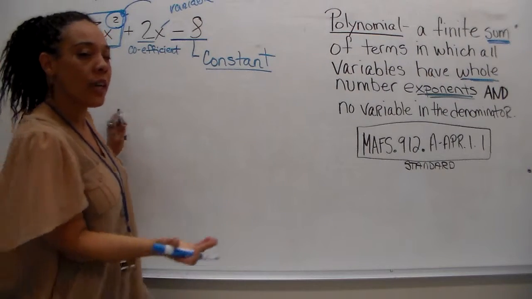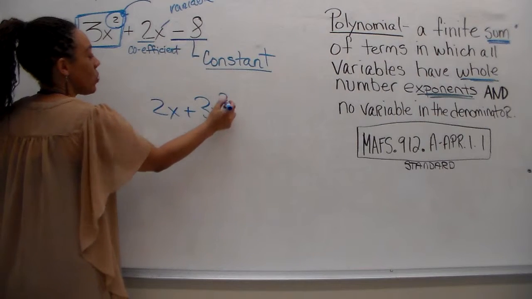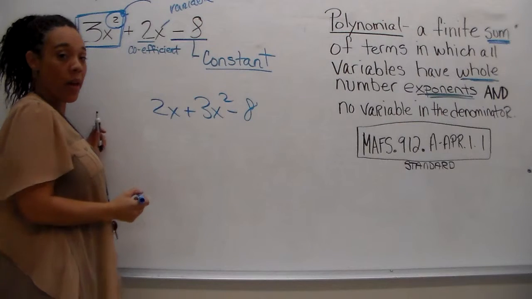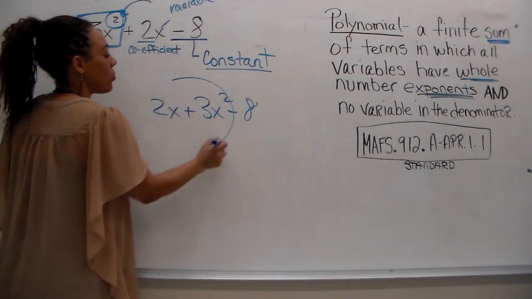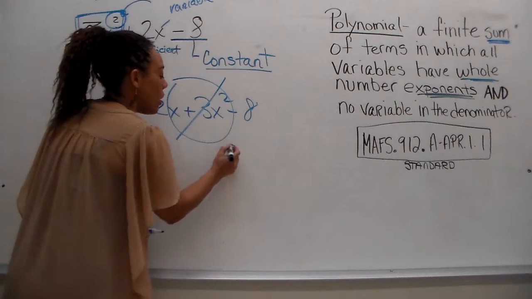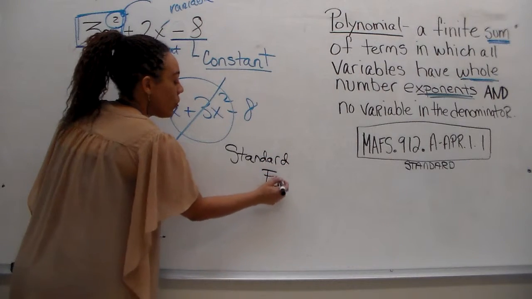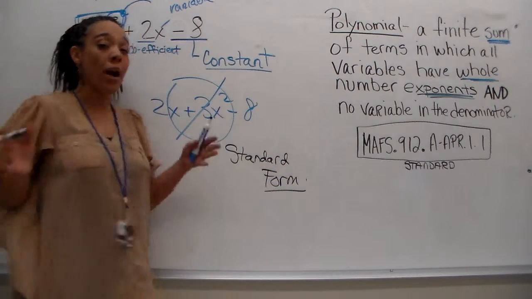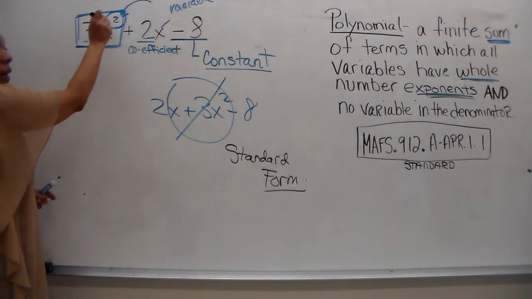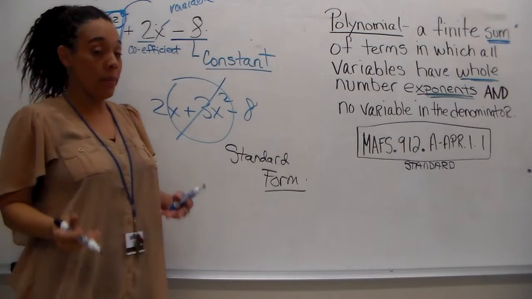What I mean by that, for an example, is if I had 2x plus 3x squared minus 8. The same polynomial, but written in a different way. Actually, this would be the wrong way to properly write a polynomial because we have something called standard form. Standard form tells us that we must put our terms in order from the greatest exponent down to the least exponent, and then all of our constants come last.